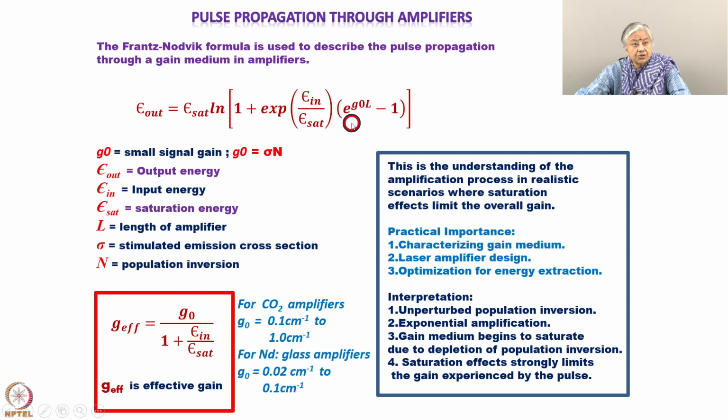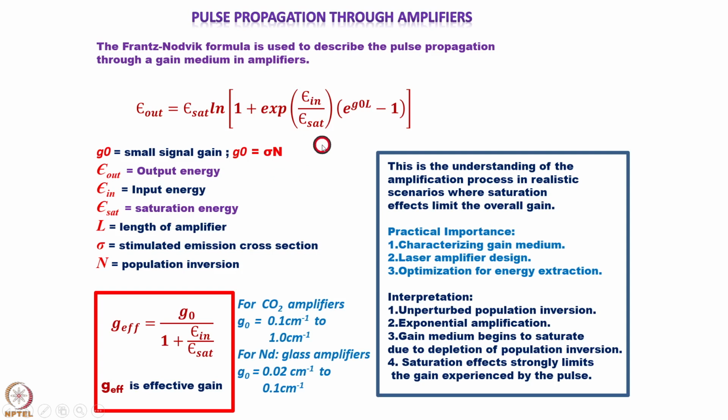So, G0 actually is the small signal gain, that means G0 is sigma n. N is the population inversion, because the gain will obviously be proportional to the population inversion.